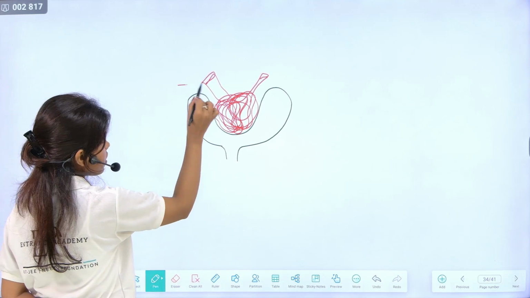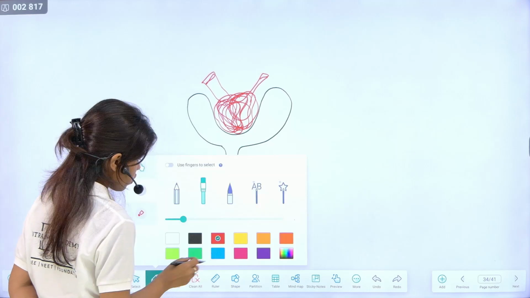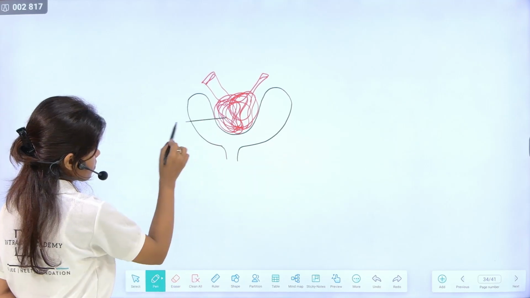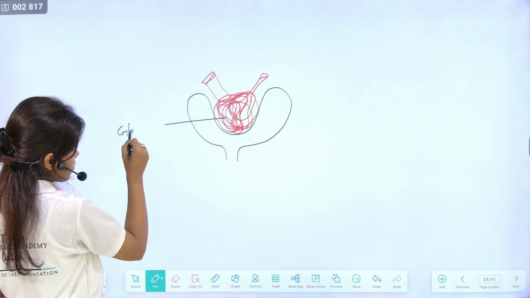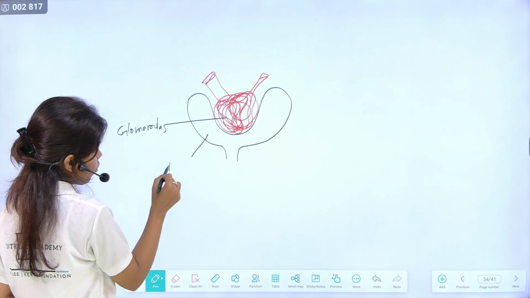So this is glomerulus. This part is glomerulus. And this is Bowman's capsule.